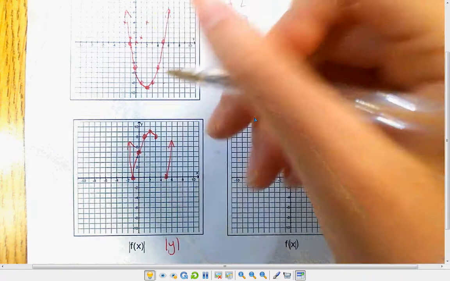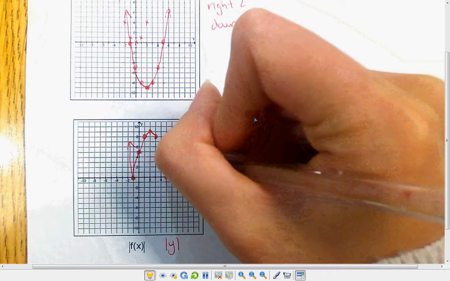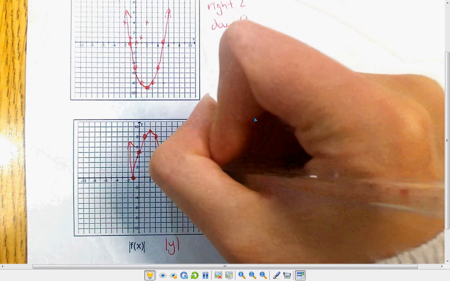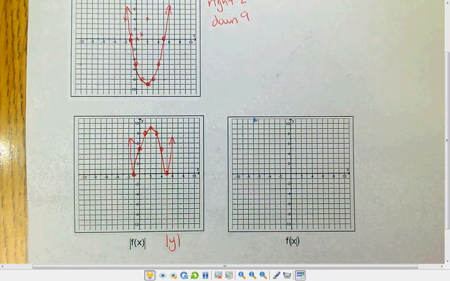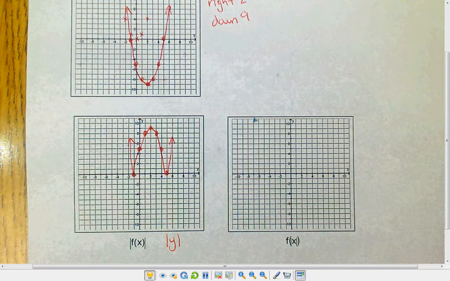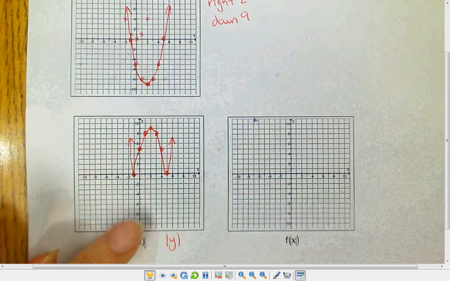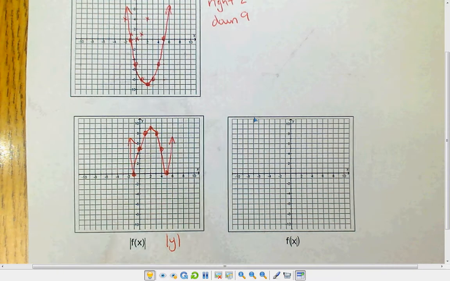And then 4, -5 becomes 4, +5. Again, connect my points and notice how everything underneath my x-axis has become reflected above the x-axis. So I changed all my negative y's to become positive.